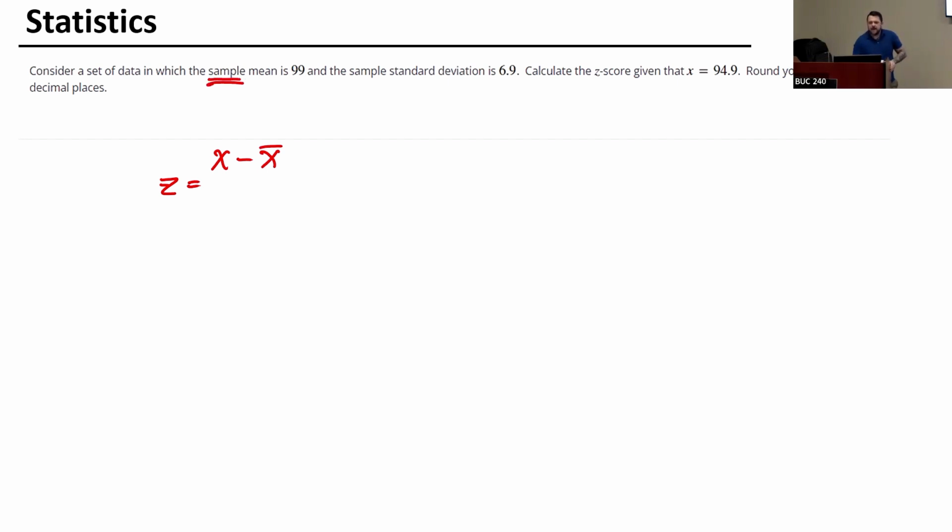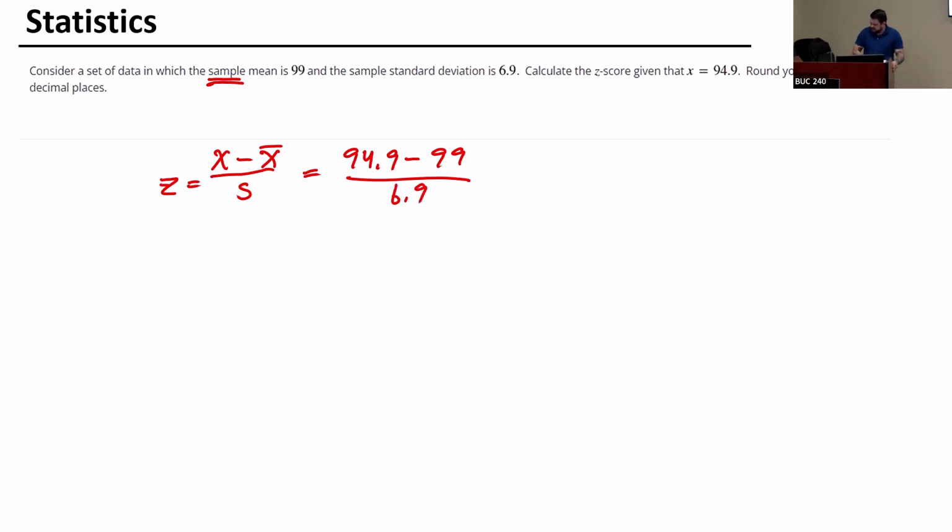We've got a sample happening here. And instead of this being divided by sigma, we're going to divide it by s. Once again, they give us a data point here. We have 94.9 minus 99, all divided by 6.9.